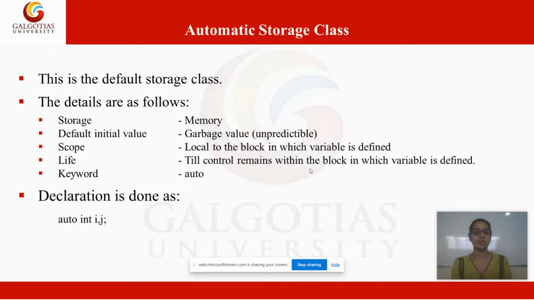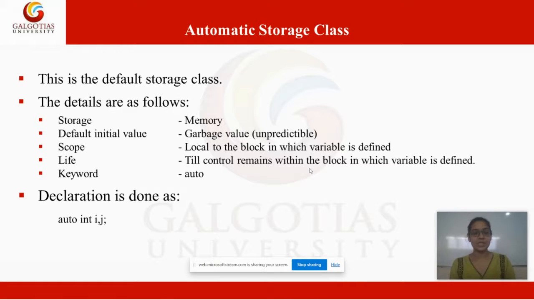The storage of this particular thing is in memory, and the initial value is a garbage value. So you cannot predict what is going to be the initial value for this variable. The scope is local to the block in which the variable is defined. So if I'm declaring a variable inside my main function, then it will be accessible only there. No one else will be able to access this variable or use its value.